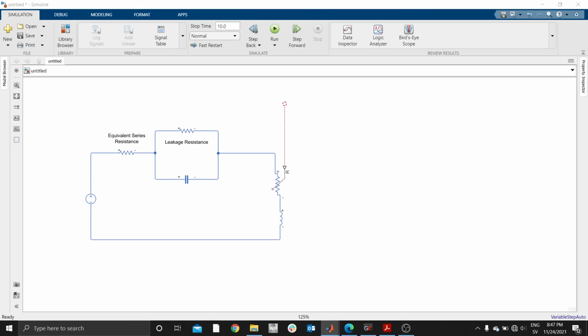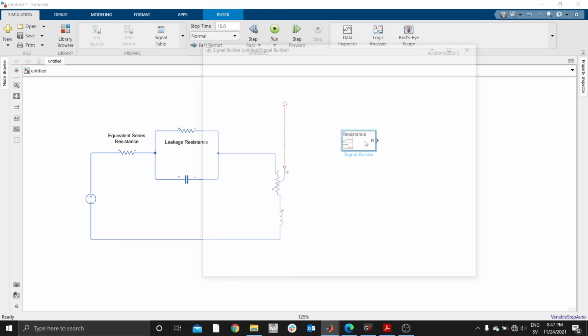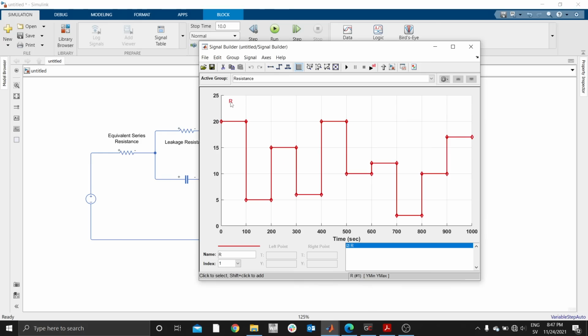Therefore, I have already prepared one. Let me just copy it here to save time. Let me double click. The same concept. For my value of R, I'm going to use a 1,000 second simulation so that the battery ampere hours can reduce significantly.